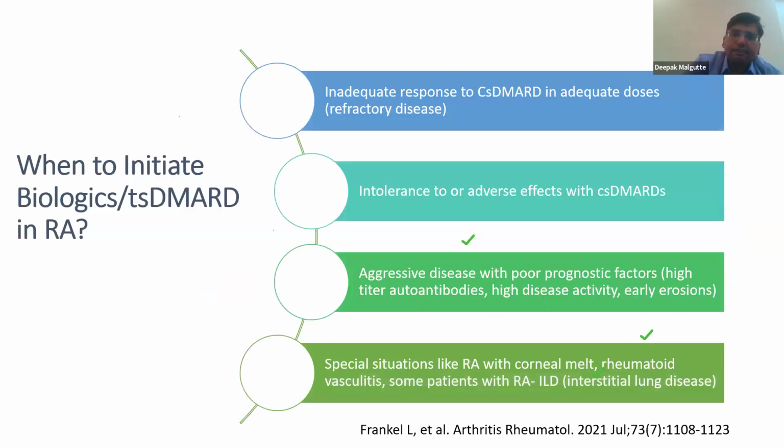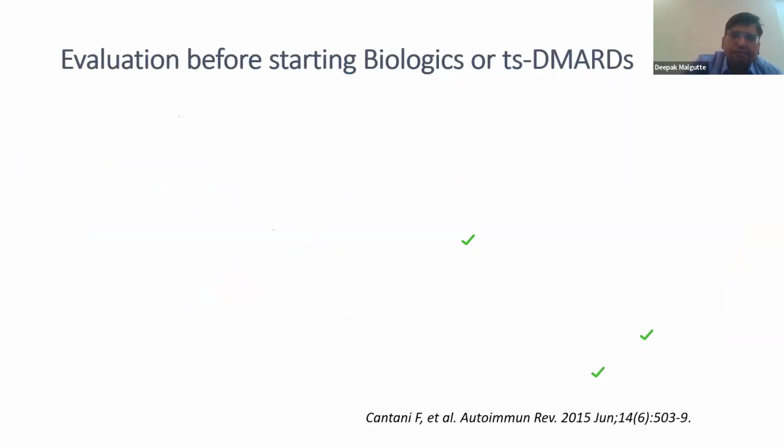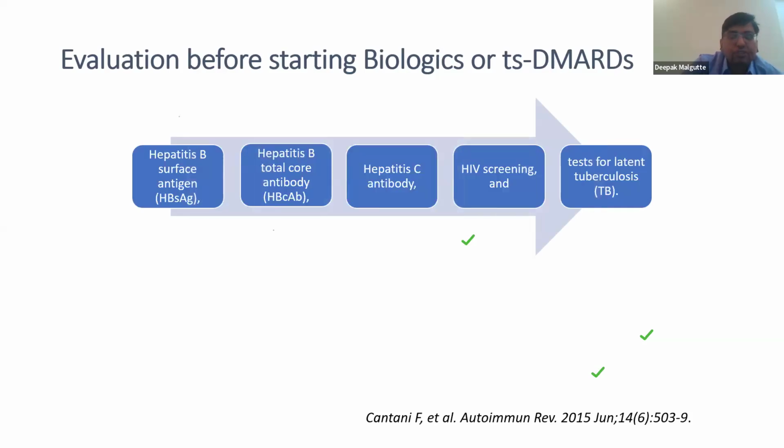And when should we consider this? When patients have an inadequate response to initial conventional DMARDs, or have an intolerance or a highly aggressive disease activity, or in special situations like patients who have scleritis or corneal melt or rheumatoid vasculitis, or patients who have ILD. And before starting any biological or targeted synthetic DMARD, what we should always look for is to rule out hidden infections like hepatitis B, hepatitis C, and TB infection.